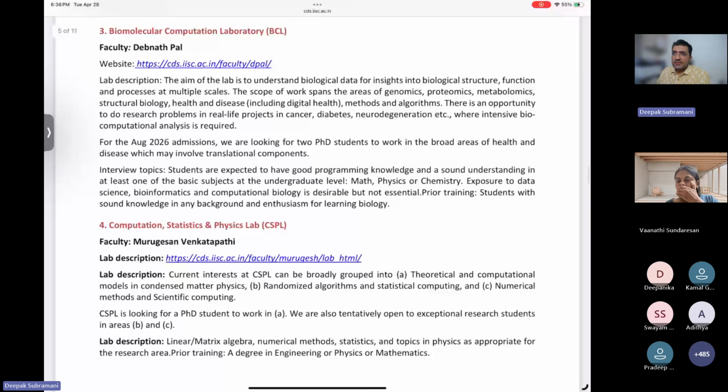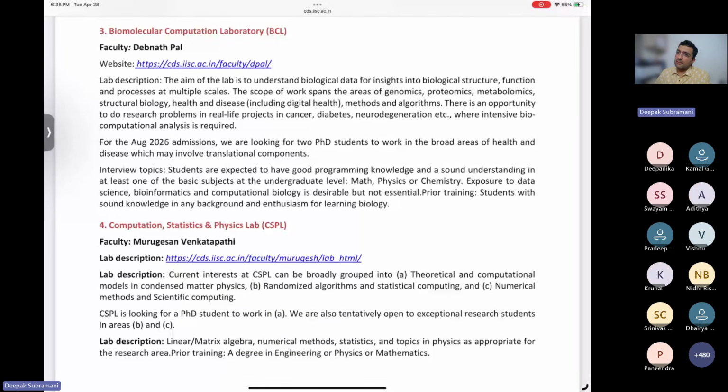Next we have Professor Devnath Pal's lab, the biomolecular computation laboratory. This lab works on understanding biological data for insights into biological structures, functions, and processes at multiple scales. Students are expected to have programming knowledge and a sound understanding in one of the subjects like math, physics, or chemistry. Data science, bioinformatics, computational biology: if you have some exposure, it is good.